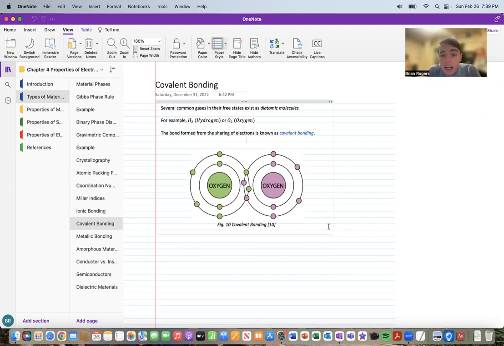So here we're going to look at common bonding models. And so for covalent bonding, we just looked at ionic bonding. Covalent bonding has several common gases in their free states, which basically exist as diatomic molecules. And so what we're going to see is H2O, you can think about that.